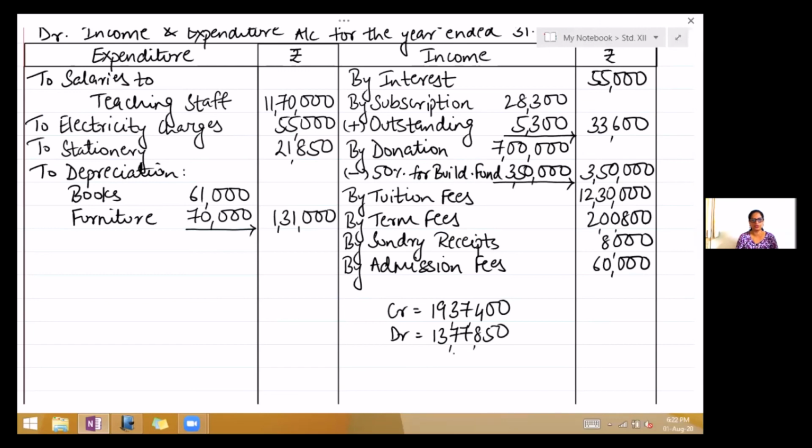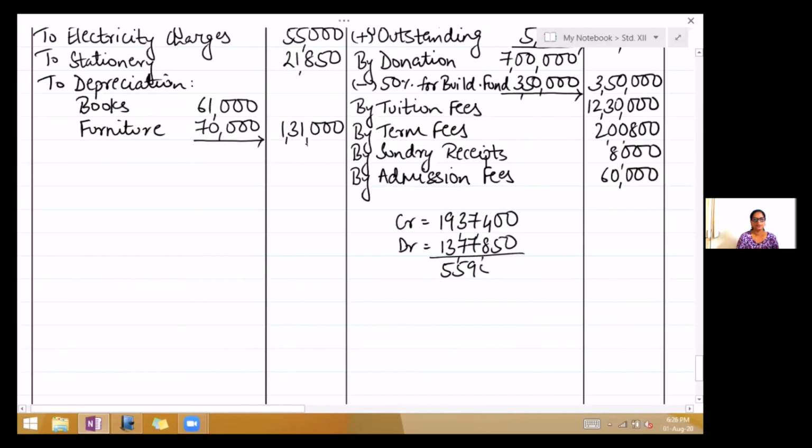So in this case, you will get a surplus. So what is the surplus amount? Subtract and find out. Deduct the figure 5,59,550. So now write the greater total on both the sides. 19,37,400.